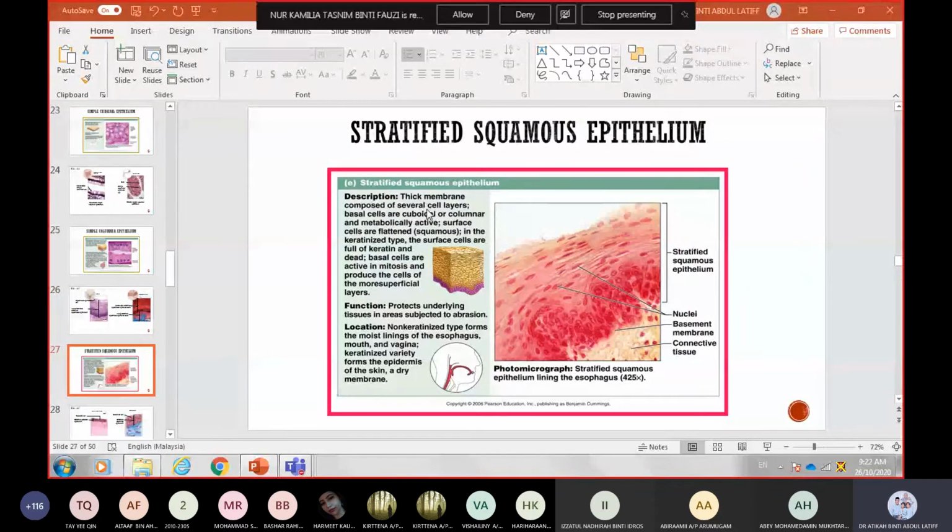Mainly for protection, as you can imagine, because it has many layers. So even if the outer layers are damaged, there will still be many other layers to protect the underlying surfaces.